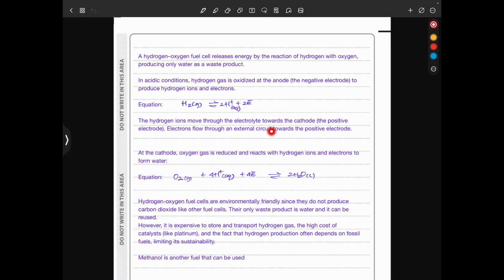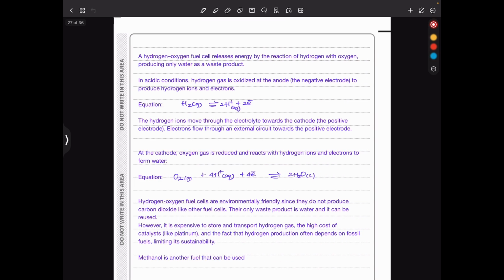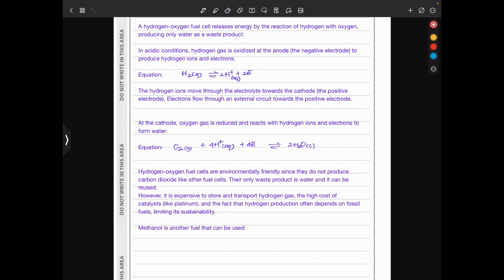In this case, they power the motor, because you saw there is a motor here. As they flow through the external circuit, they will power the motor and they go towards the positive electrode. At the cathode, oxygen gas is reduced and it reacts with the hydrogen ions and the electrons to form water, and this is the equation.